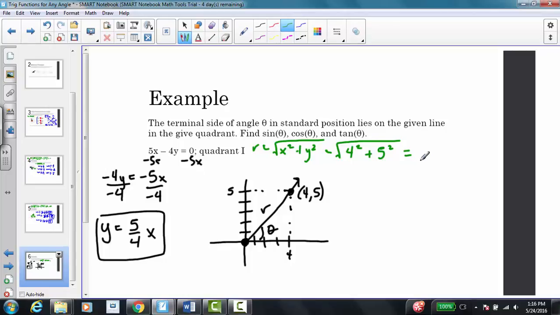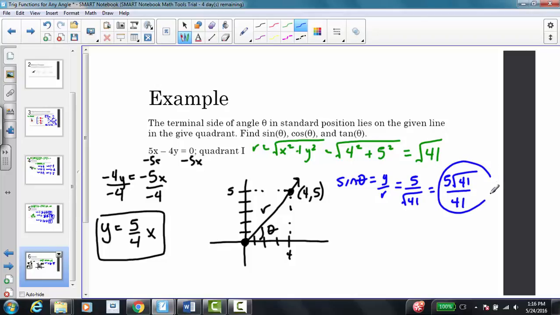So r equals the square root of 41. Now that I have all of my values, I can find sine theta, y over r. My y distance is 5 over r, which we said was root 41. Getting rid of that radical, I have 5 root 41 over 41.